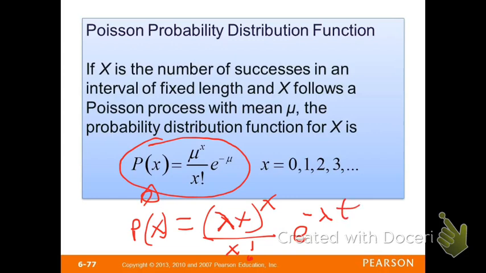But now we know, everywhere we see a lambda t, we can replace that with the Greek letter mu. So it's like substitution. That's why I prefer the formula like this. Okay?